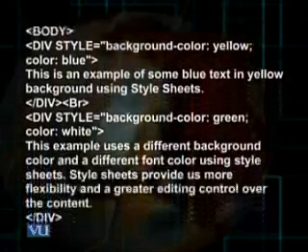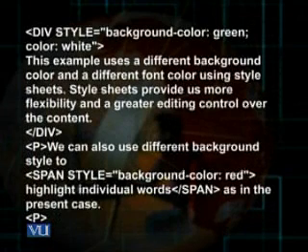Then in order to highlight certain words, you can see in the paragraph tag I have written we can also use different background style. After 2 I use the span tag. I use inline style equal background color red, and then I contain 3 words, highlight individual words within the span tag, and then the sentence continues as in the present case.